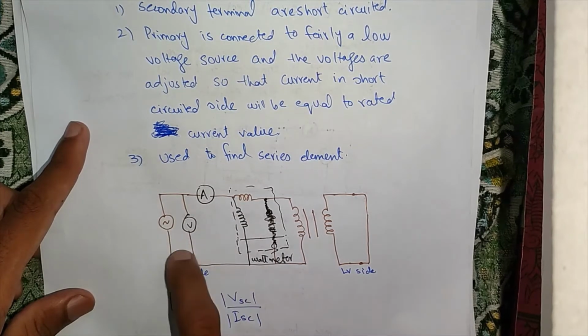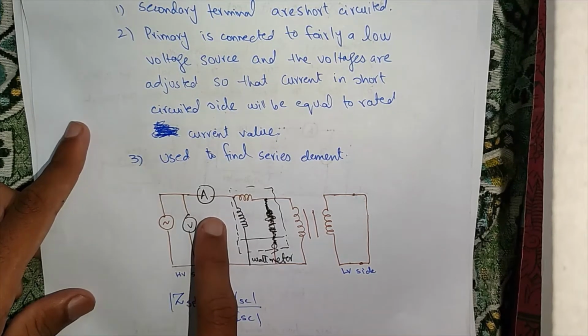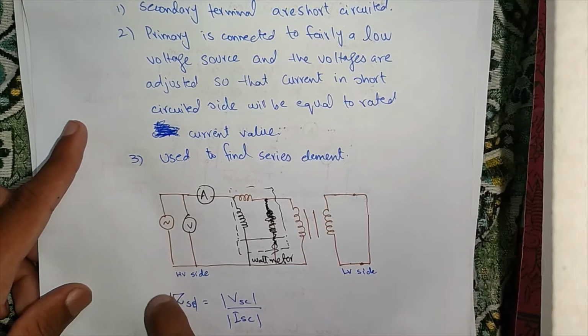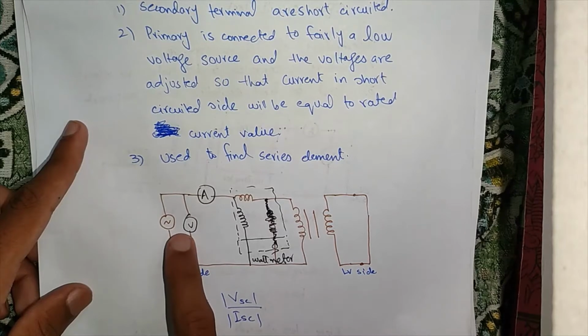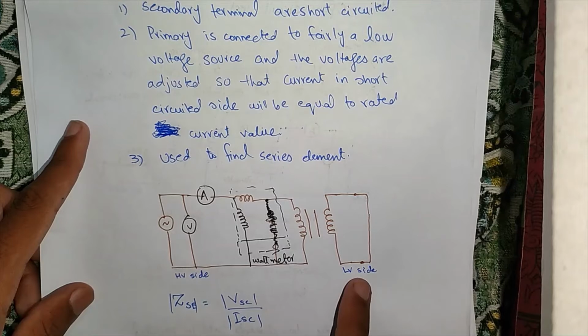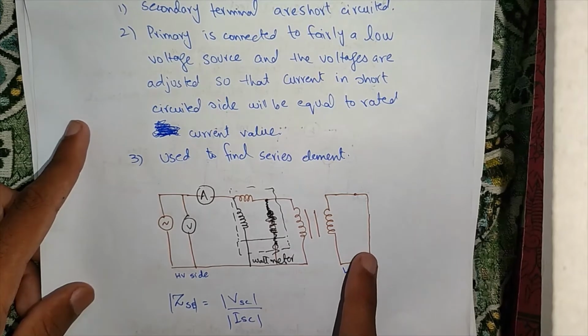These voltages are adjusted in such a way that the applied voltage on the high voltage side, or primary side, makes the current in the low voltage side, or secondary side, equal to the rated current.